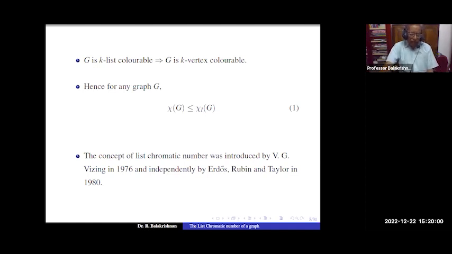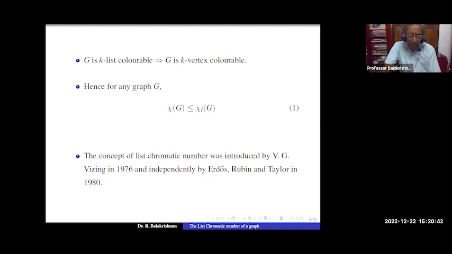Well, the concept of list chromatic number was introduced by Vizing in 1976, a Russian graph theorist, and independently by Erdős, Rubin, and Taylor in 1980, four years hence. Erdős, of course, as you know, is one of the most famous Hungarian mathematicians. Then you have the Erdős number, which is defined depending upon the number of papers that you have in common with Erdős or his co-authors.